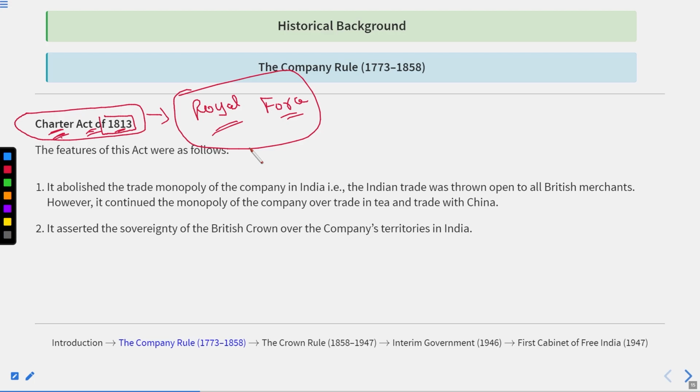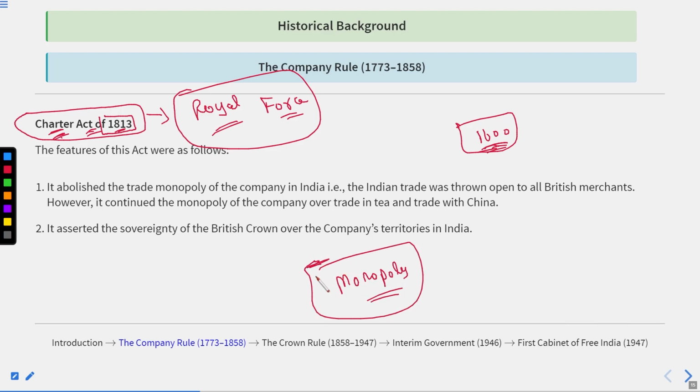So basically what happened, as I had told you, since the first introduction of the East India Company in India, in 1600, the British East India Company had got the monopoly in trading with India and other eastern countries.